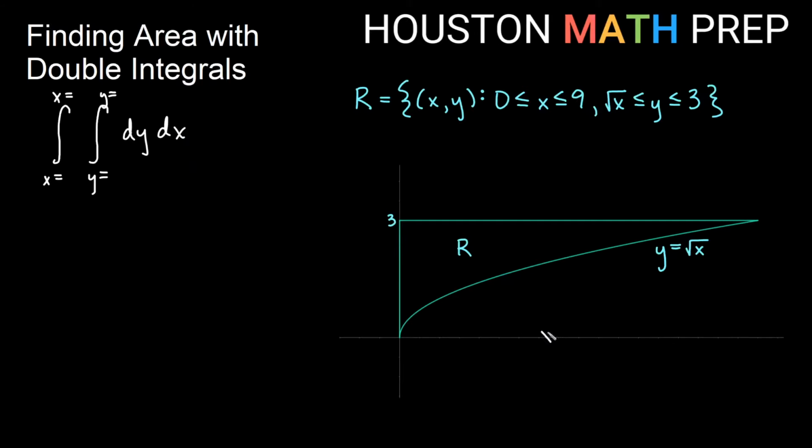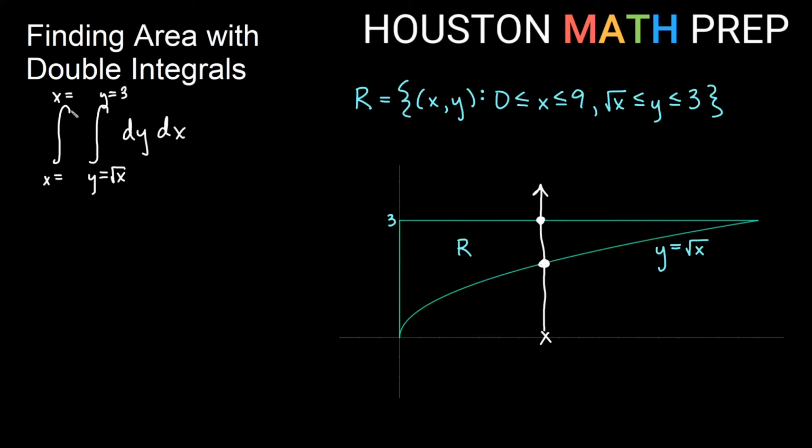So if I choose an x value, let's say here, and I draw through in the y direction, I first enter the region on this y equals square root x. So y equals square root x is my lower bound, and I come out the top of the region here at the horizontal line, that's y equals 3. So my bounds are square root x and 3 here.